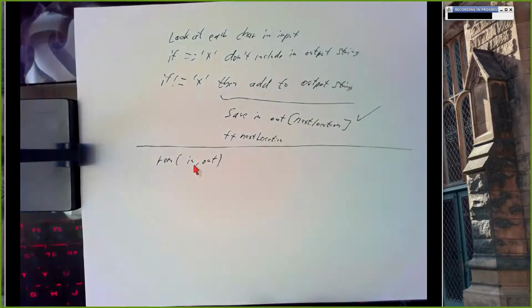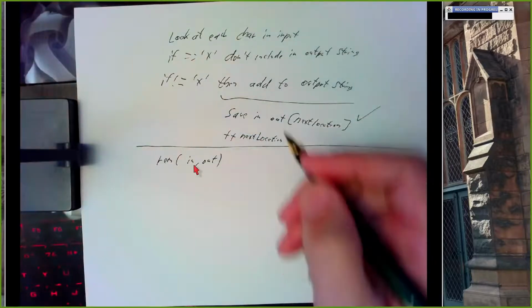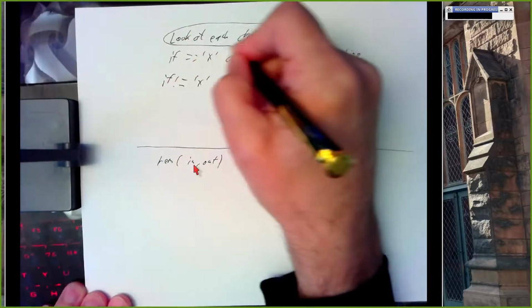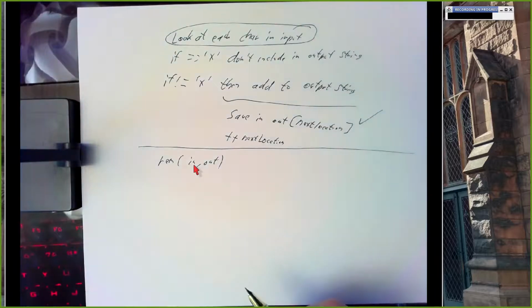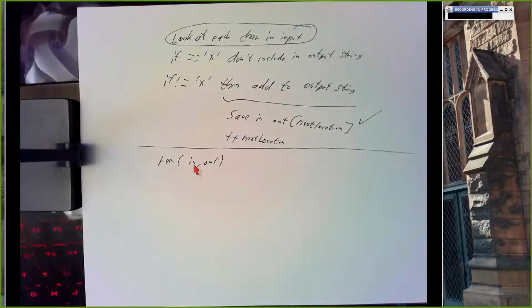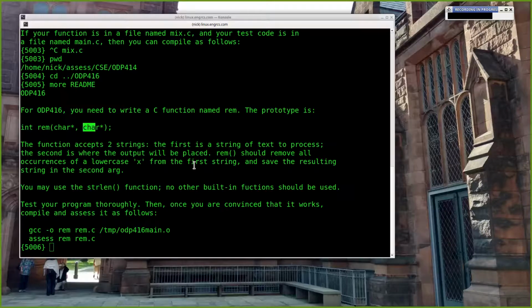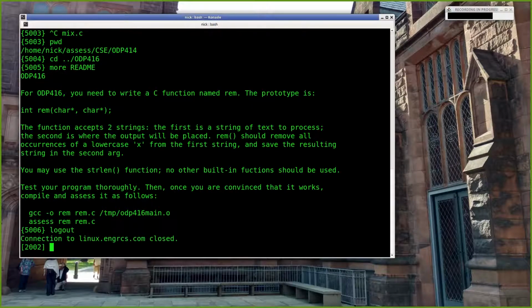And so if in is our input string and out is our output string, we want to iterate, right? Look at each character in the input. And someone mentioned a for loop. And someone mentioned a string length. So let's play with that for a minute.